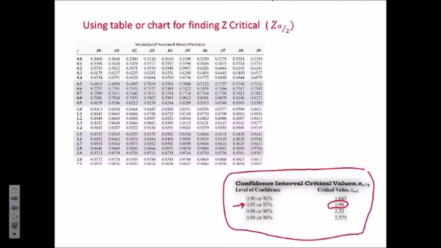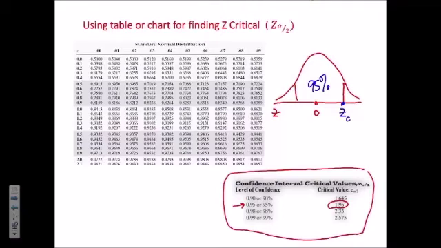Another way to do it is use the standard normal distribution chart. To do that, you have to first make a picture. And remember that we're talking about a 95% confidence interval, and we want to know what Z critical is going to be, this number here.